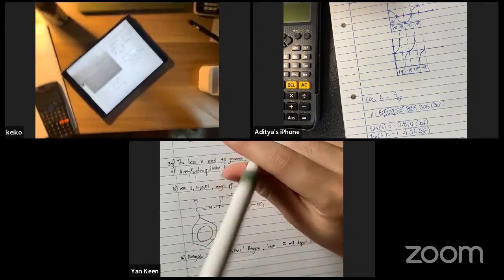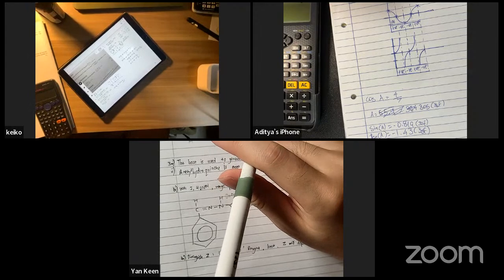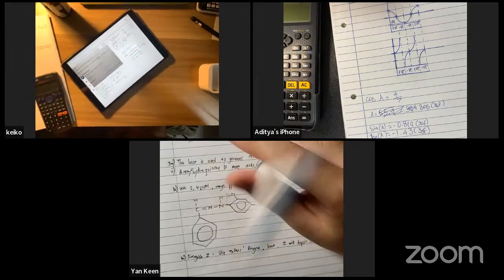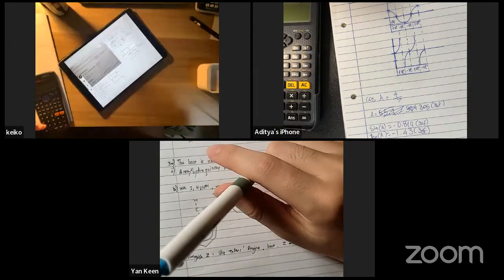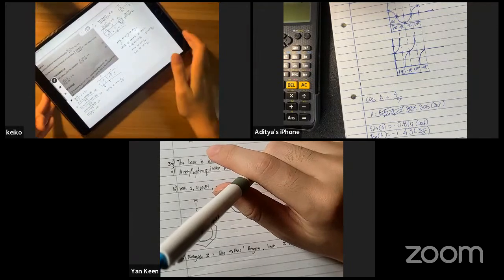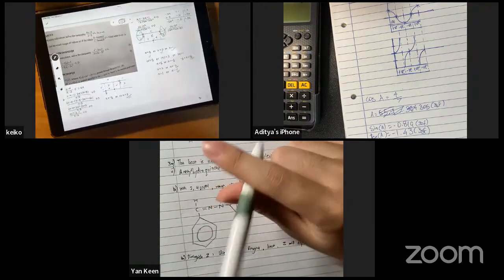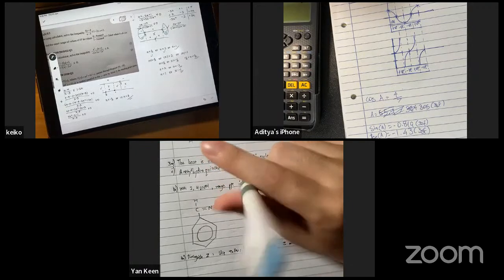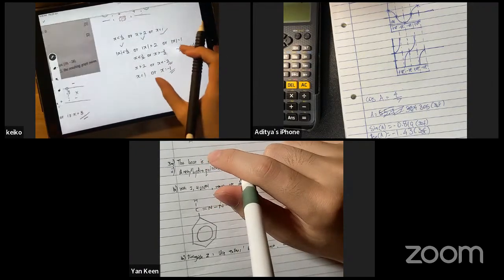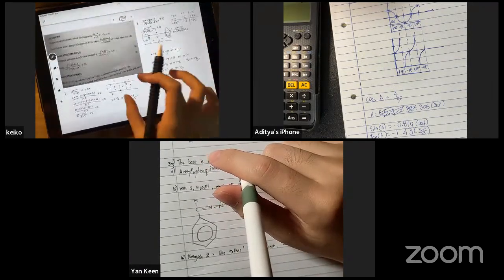When you are in exam and you're under pressure, and let's say you forget the method, you will automatically gravitate towards the calculator. That's just what people do. When they are not sure what to do, the calculator may help them.